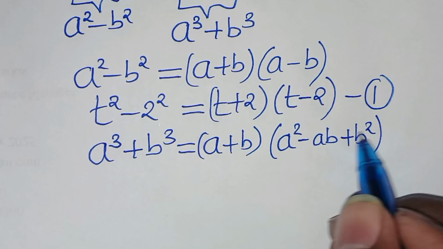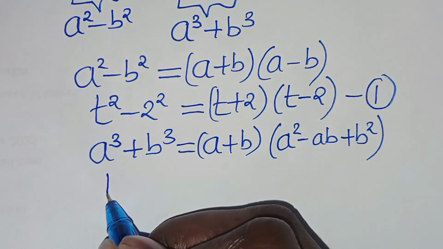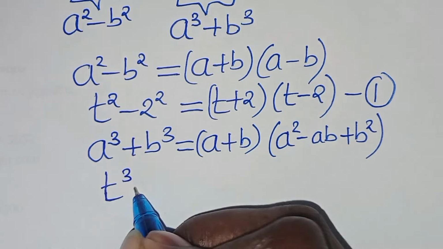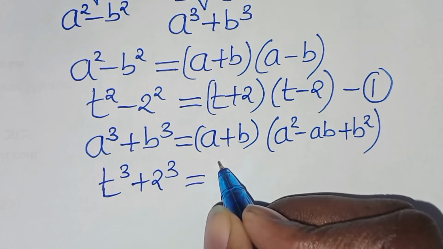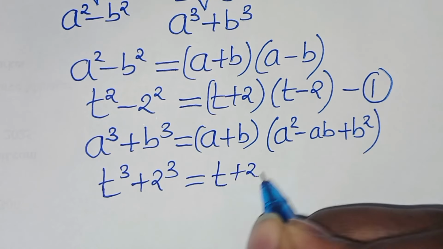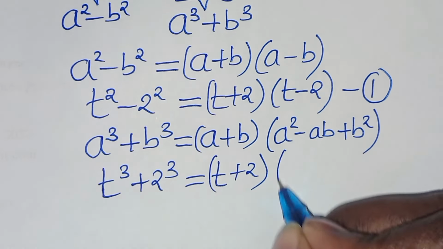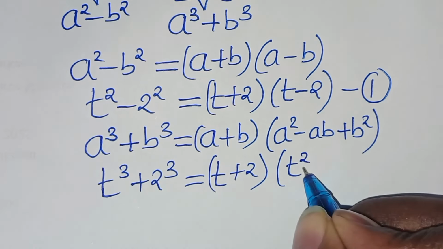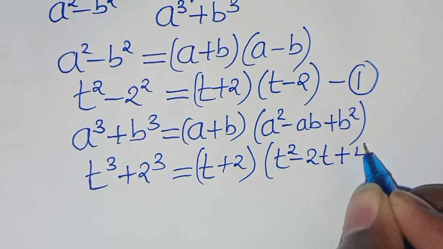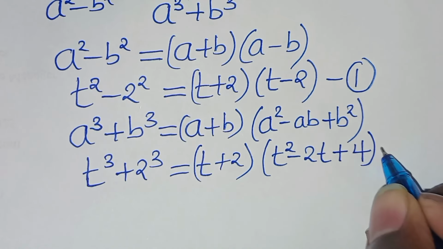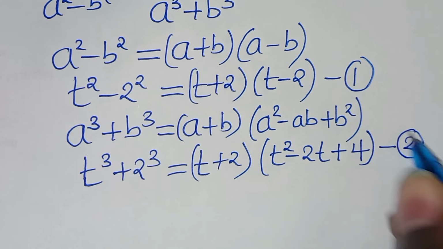Applying this identity, this implies that we have t to the power of 3 plus 2 to the power of 3. This can be expressed as t plus 2, then here we have t squared minus 2t, then plus 2 squared, which is equal to 4. Let's call this equation 2.